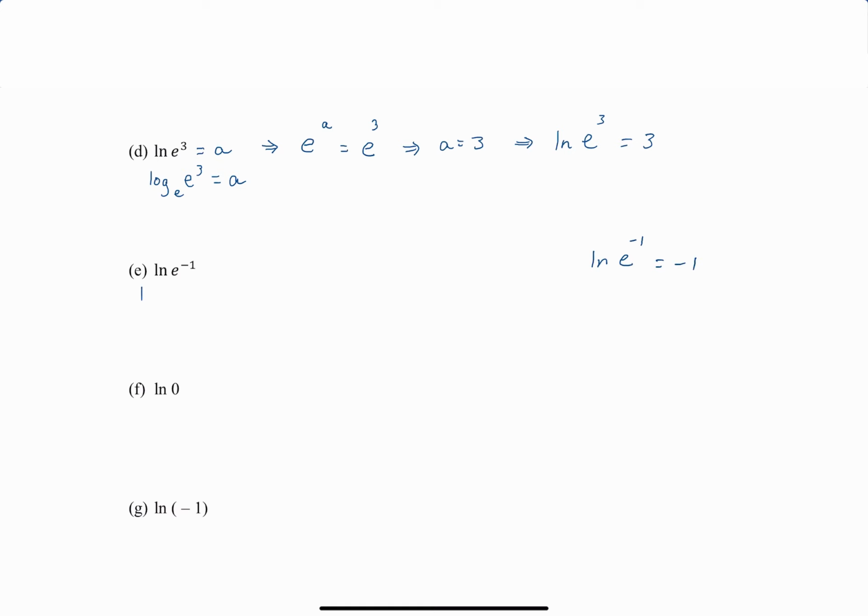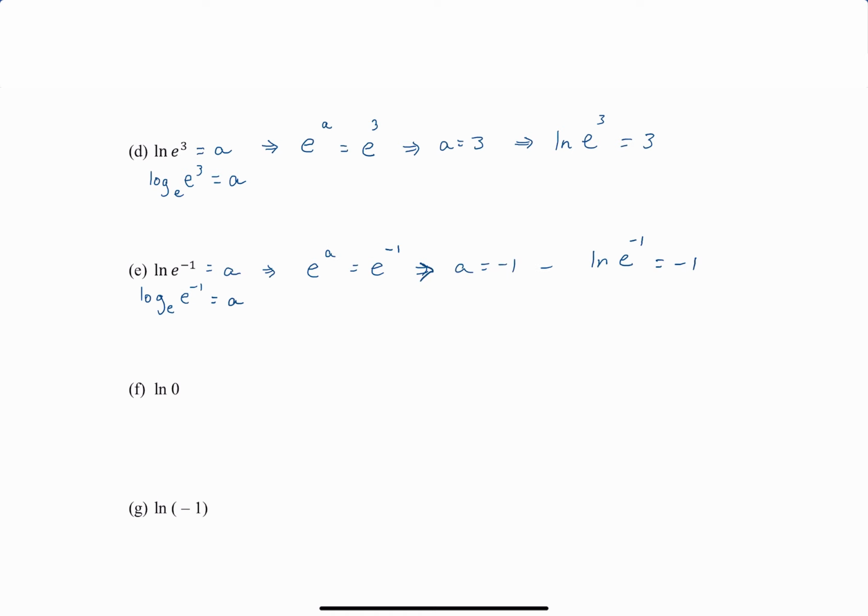Let's see how that goes. I'm going to call that a for answer. So this is saying log base e of e to the negative 1 is what I'm calling a. That's what I'm looking for. That's my unknown. So this in exponential form is saying e to the a equals e to the negative 1. That shows me that a must be negative 1.